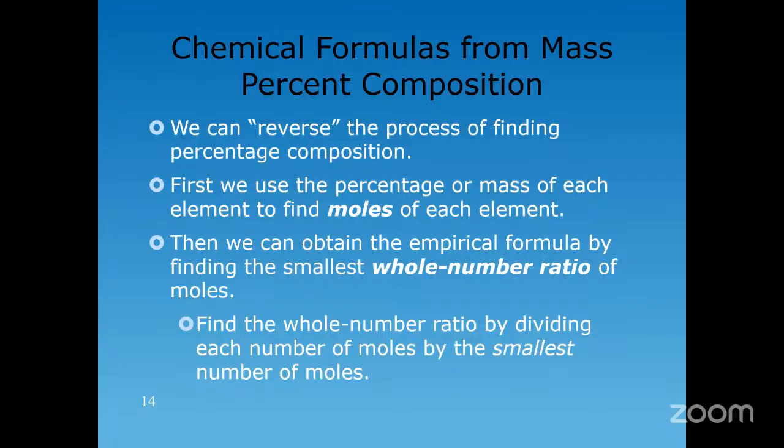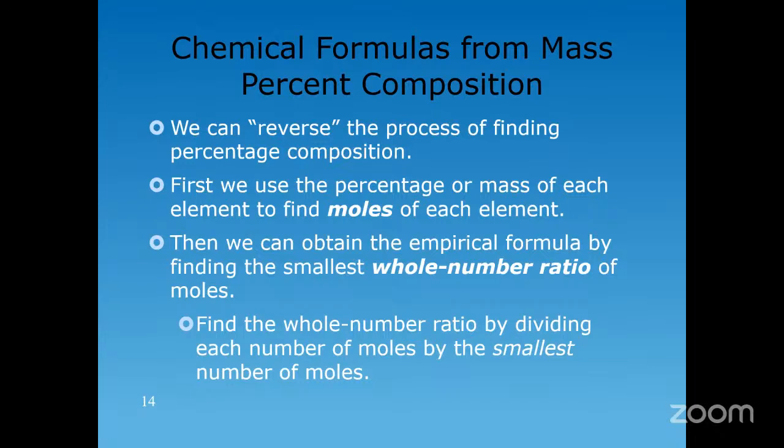We divide the mass in grams by their respective molar mass of the different elements. Then what we do next is find what is called the whole number ratio. And the way we do that is that once we determine the moles of each element, we divide right through each of them by the lowest mole value, and that will give you hopefully the whole number ratio. But you might not get the whole number ratio at that point.